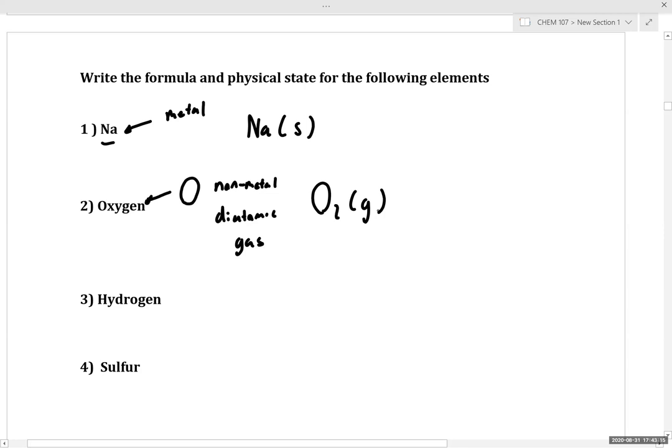Perfect. Hydrogen, that's referring to the element with the symbol H. Hydrogen is also a non-metal. It's diatomic, and it's a gas. So we'd write hydrogen as H2 gas.